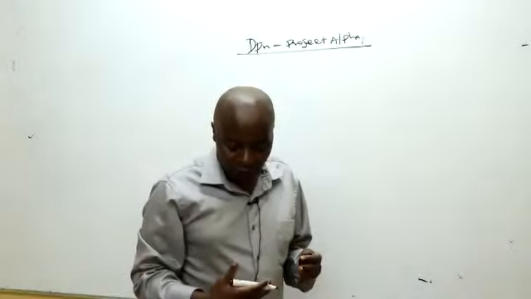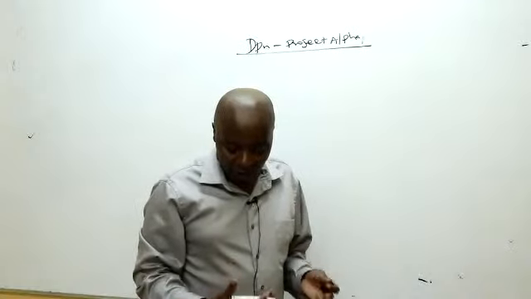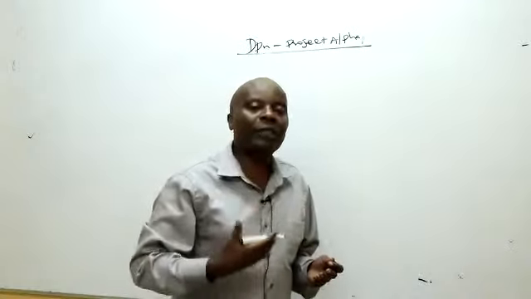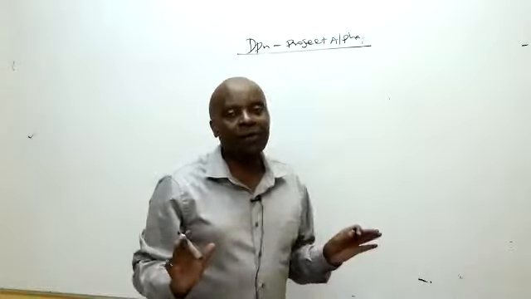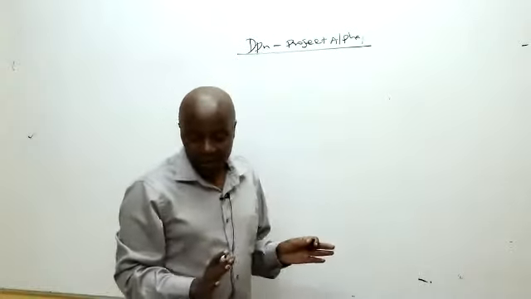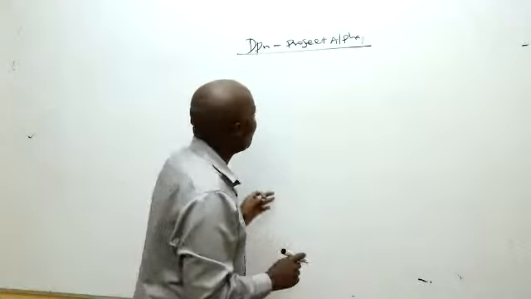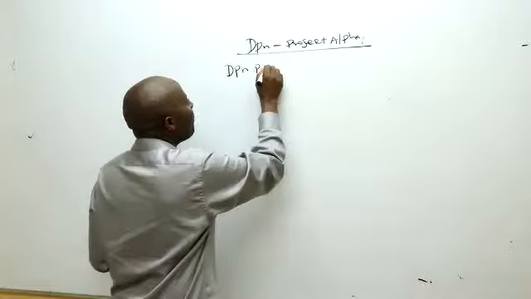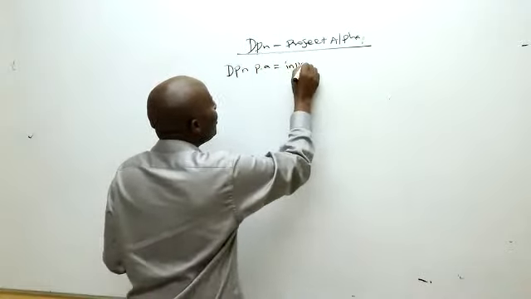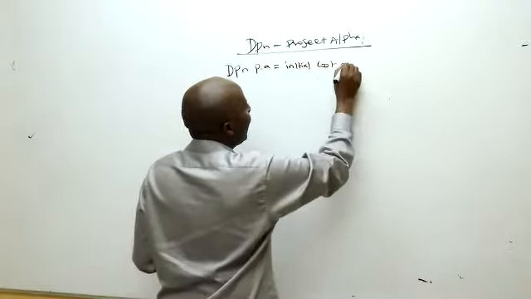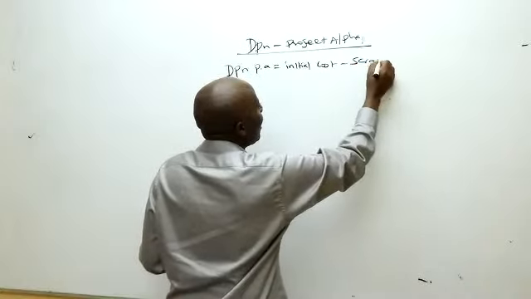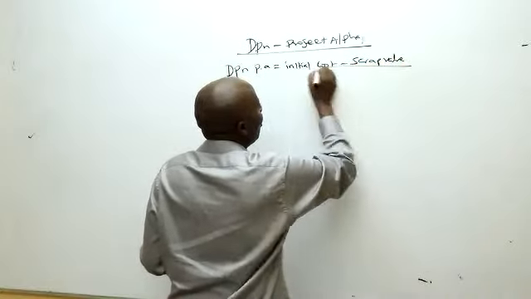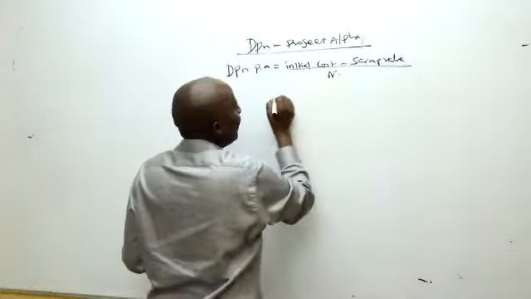And of course, if they are quiet, we always prefer straight line method to any other method in finance. So we shall use straight line method, where the depreciation per annum will be equal to the initial cost minus the scrap value, all over n, the number of years.